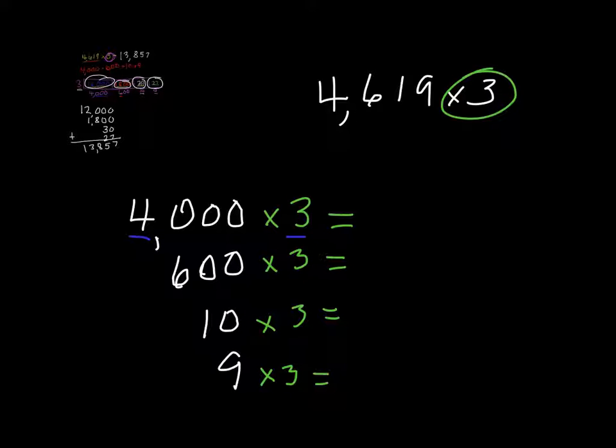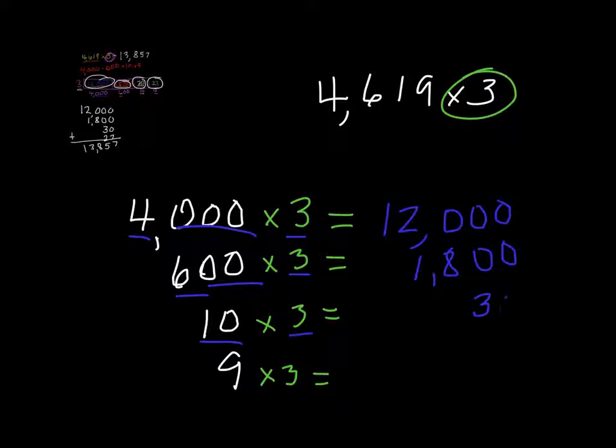So 4 times 3 is 12, plus the 3 zeros. 6 times 3 is 18, plus the 2 zeros. 10 times 3 is 30. 9 times 3 is 27.